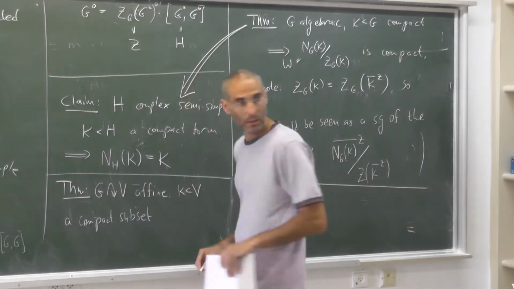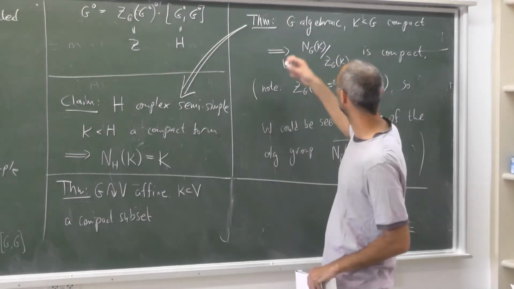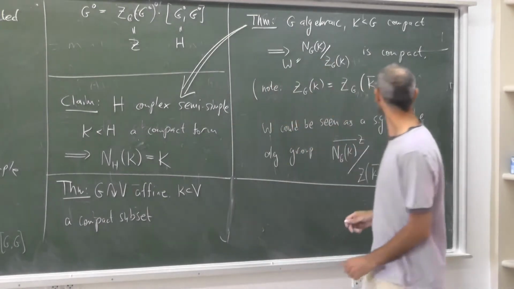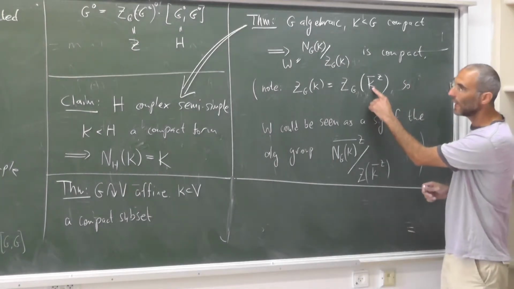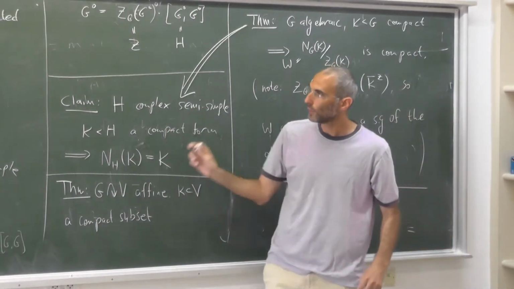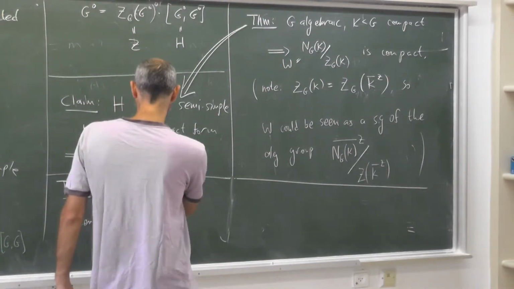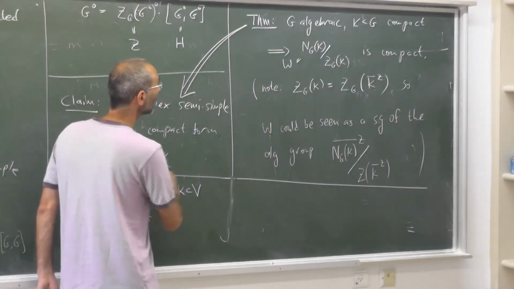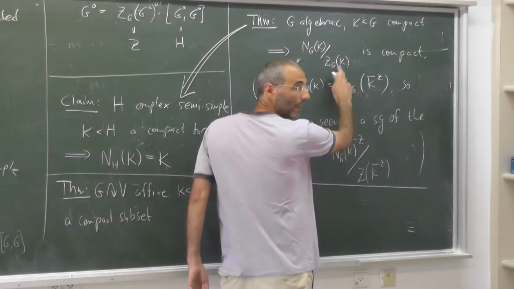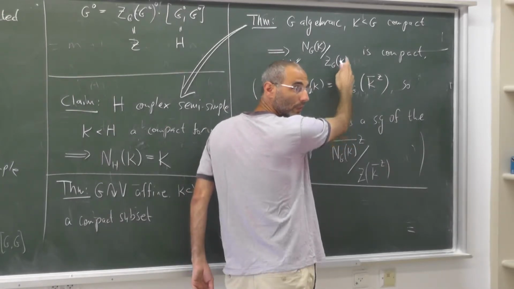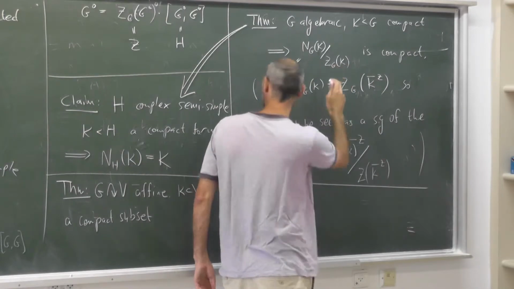Why is the implication clear? Because of K here, this is a compact form, and I just arranged the remark over here that it is Zariski dense. And so whatever centralizes K centralizes everything, right? So this is the center of G itself.